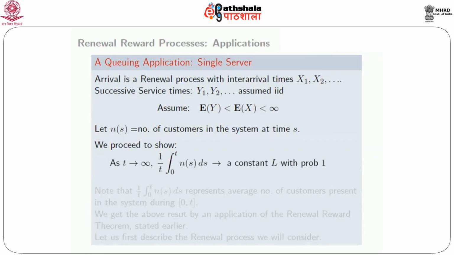What we're going to show is, as t goes to infinity, this time average of the number of customers converges with probability 1 to a constant L. So even though the time average of the number of customers is random, it converges with probability 1 to a constant L. As we said, 1 over t times the integral from 0 to t of N(s) ds represents the average number of customers present in the system during the time 0 to t.